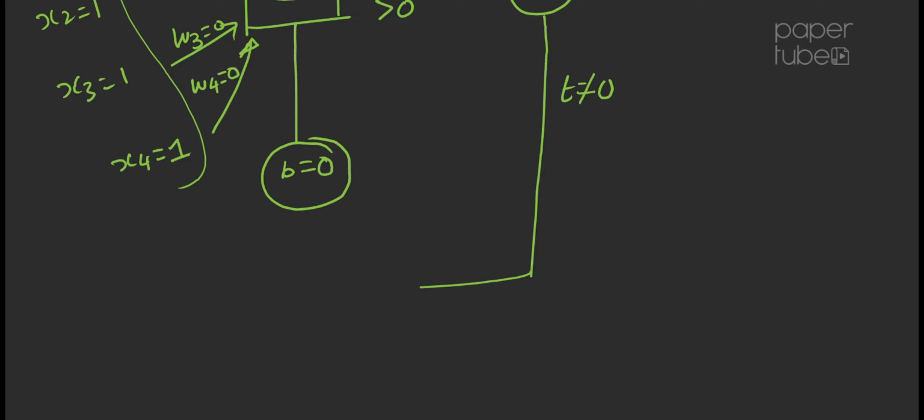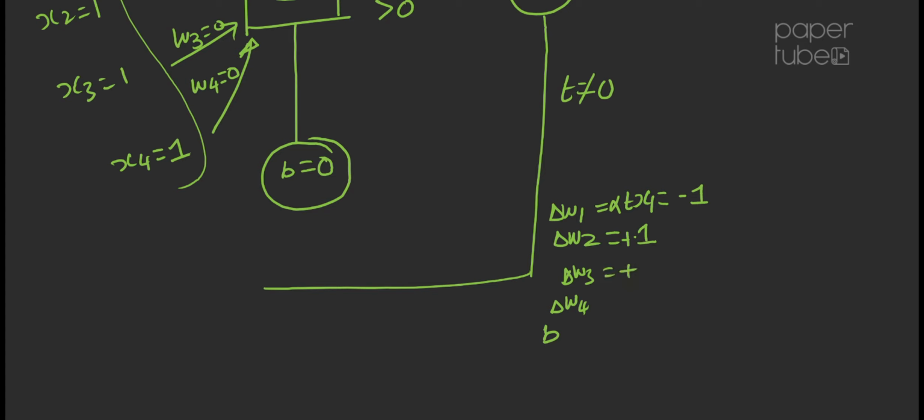Which means you have to calculate delta W1, delta W2, delta W3, delta W4, and then you have to calculate the new bias. So you have to use the same formula, alpha t x1, that should give -1, this should give +1, this should give +1, this should be equal to -1, bias is equal to -1.